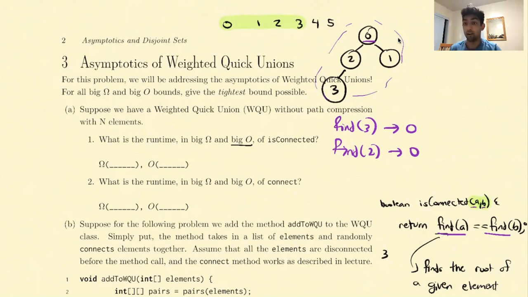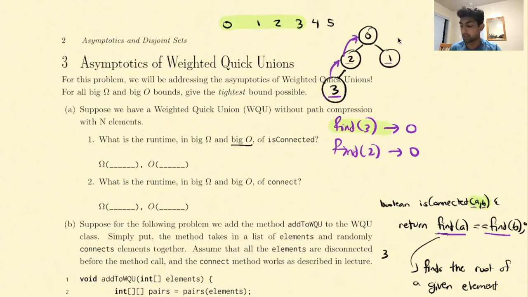With all of this in mind, to find a tight big O bound, we should think about what could take the most amount of time. In this case, that would probably be find of 3, because to find the root of 3, we have to iterate all the way up the tree, which is more iterations than 2 and 1 are doing.